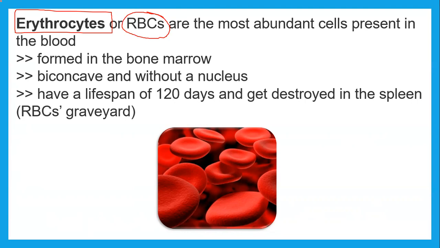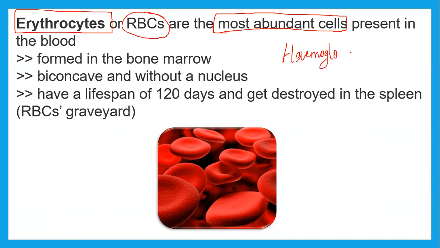That indicates that erythrocytes are the most abundant cells present in the human blood, present in a large quantity. Erythrocytes are the most abundant blood cells containing an oxygen-carrying pigment, which is known as hemoglobin.